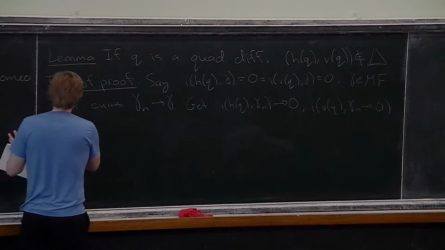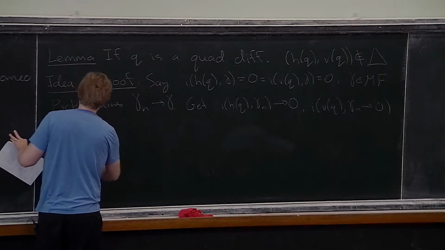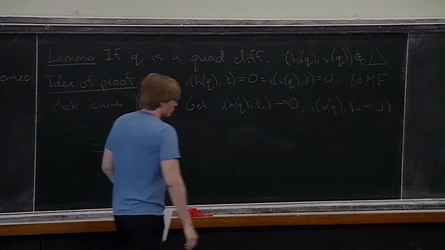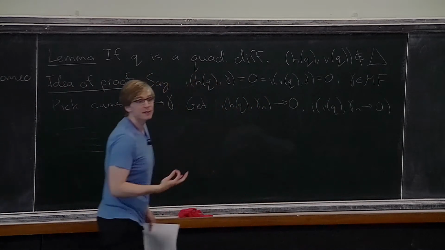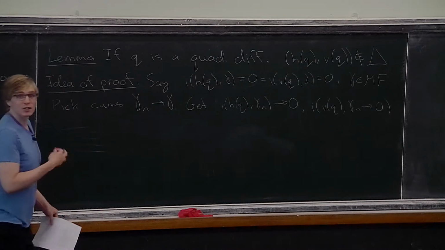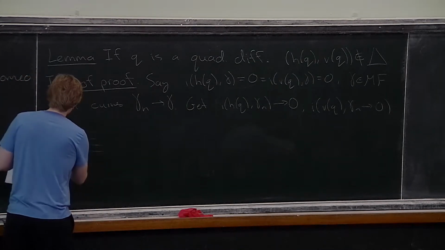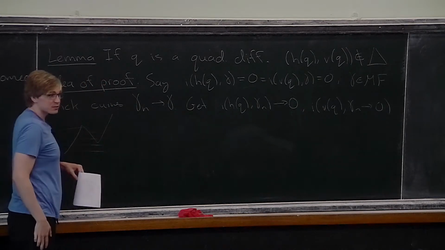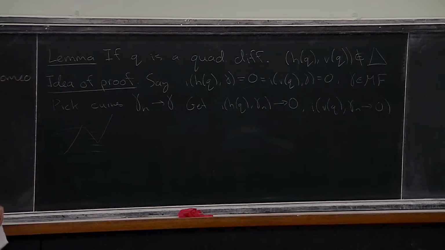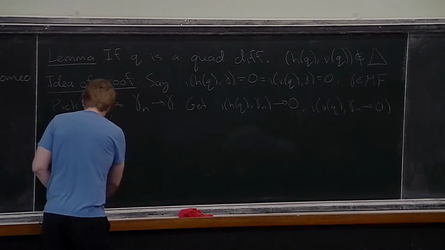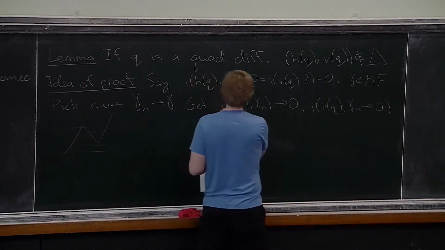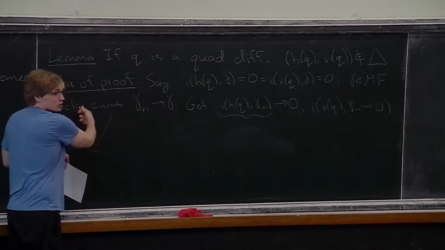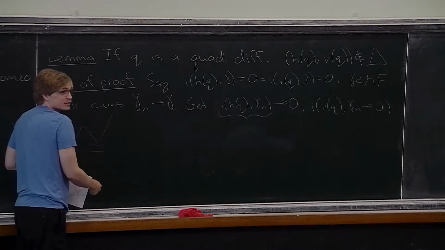OK, so here's the horizontal foliation. And remember, one of the descriptions of intersection number we had last time for a curve and a foliation is that you write the curve as a sequence of transverse arcs, and you add up the transverse measures. OK? So the intersection number with the horizontal essentially measures the sum of the vertical heights.